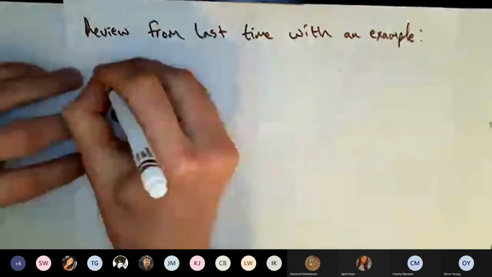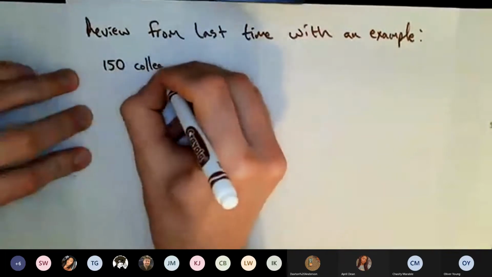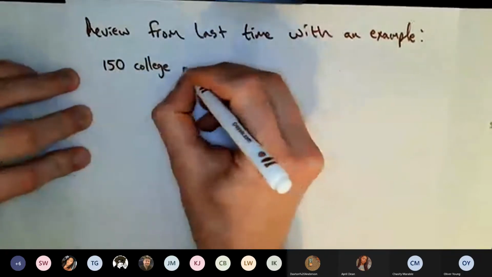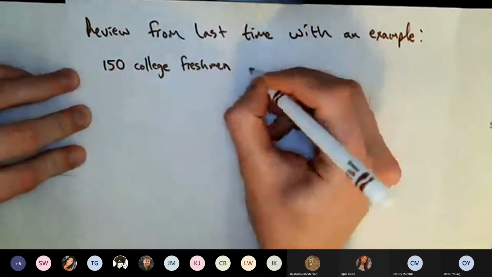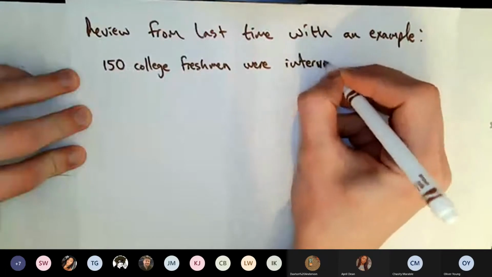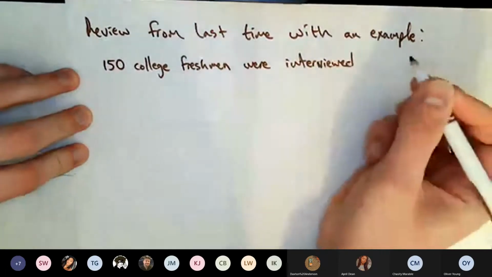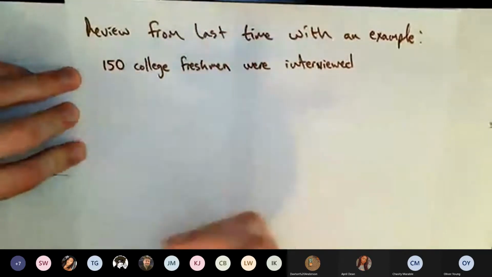So let's say that we have a word problem. We're going to take a word problem and use a Venn diagram and the concepts that we talked about last time to solve some sort of problem based off of this data that I'm going to give you here.